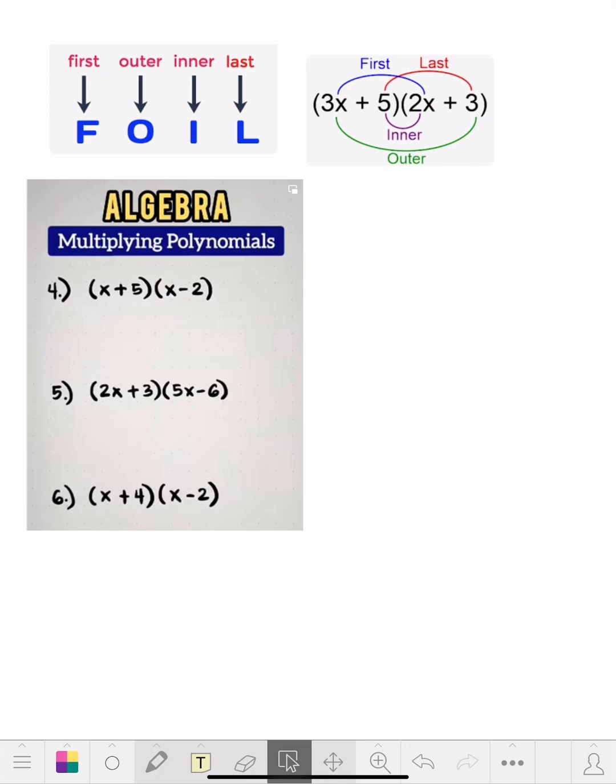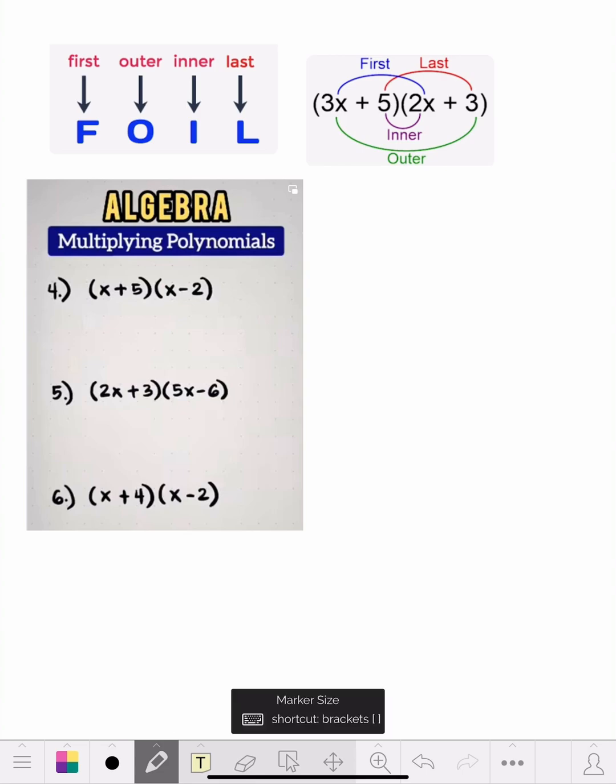On this one, the first ones in each group are the x's. So you get x times x, that's going to be x squared. I'm going to write it right here, x squared. Now, the outer ones. It's the x and the negative 2. You've got to remember the negative 2.